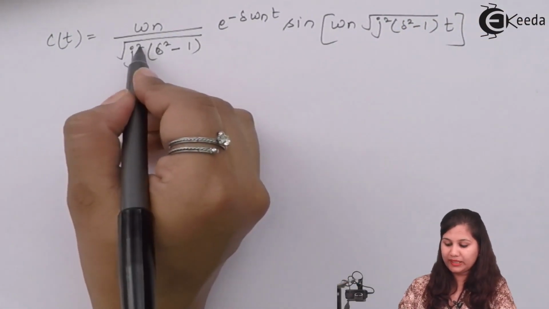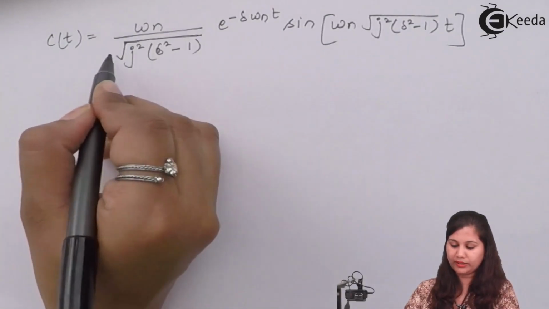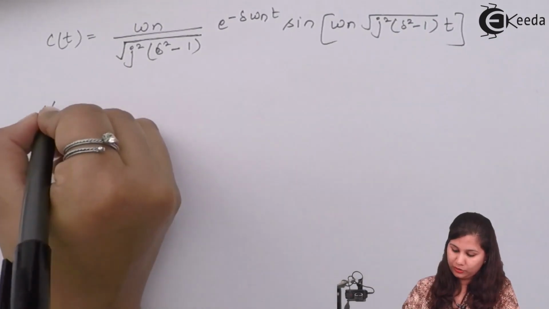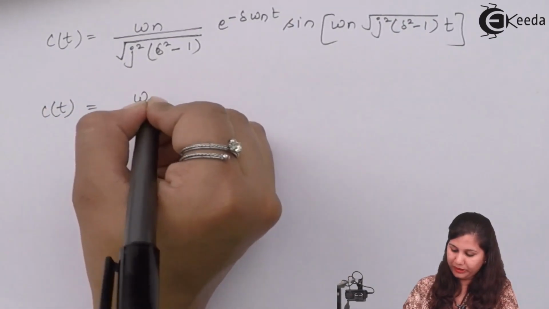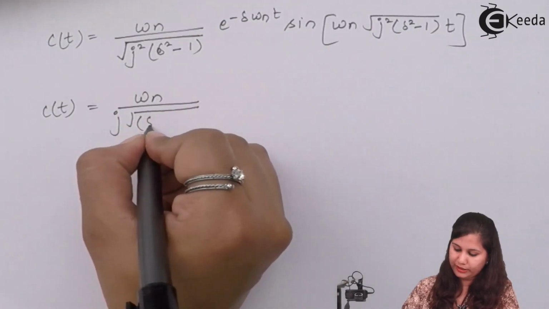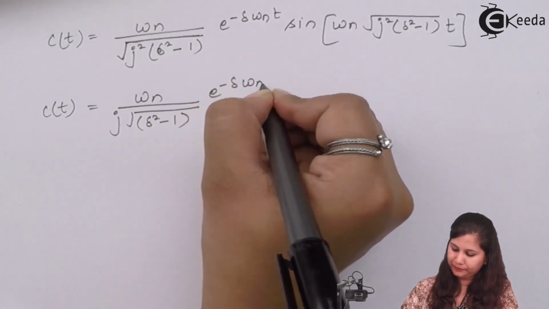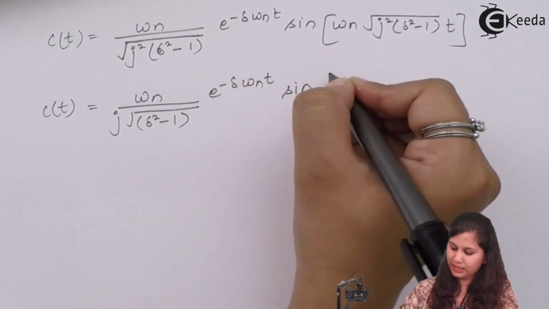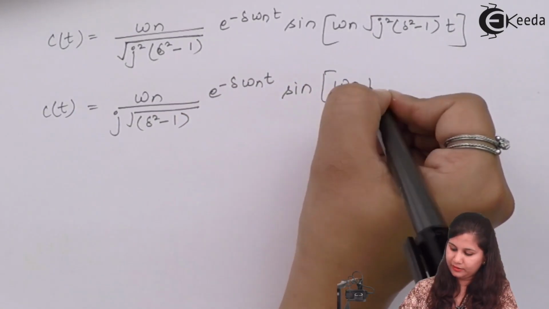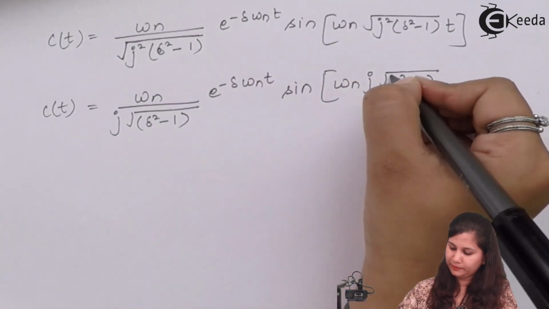Now this j square is under the under root, so when we take it out, it will become j. So this is ct equals to omega n upon j under root of del square minus 1, and here we have sine of omega n j under root of del square minus 1 t.